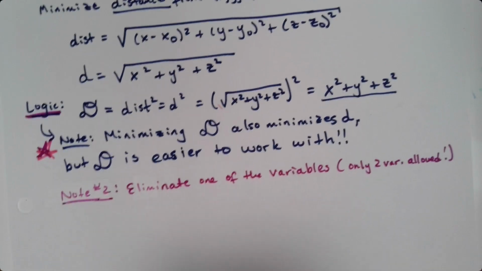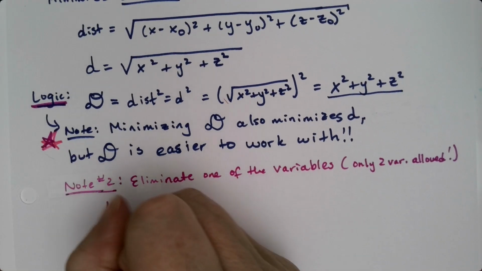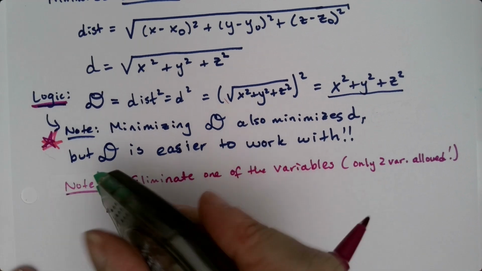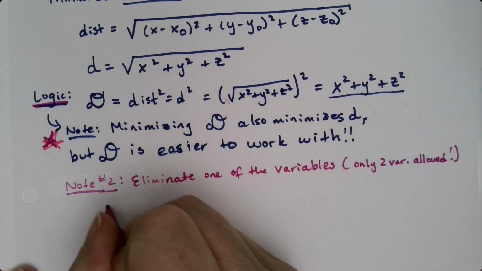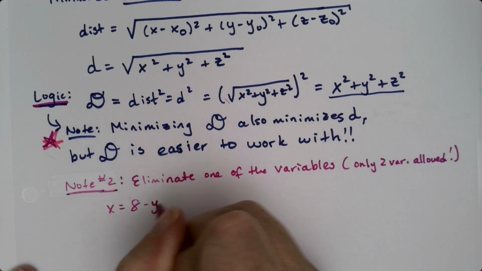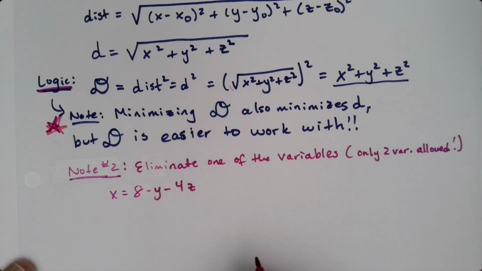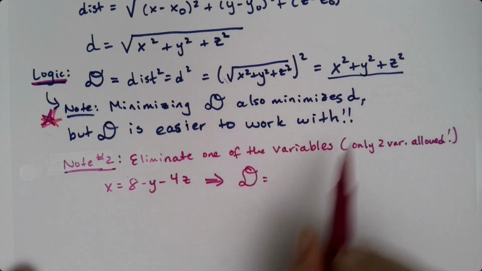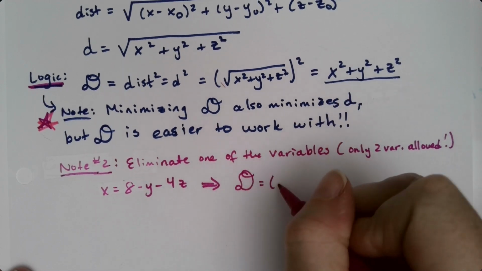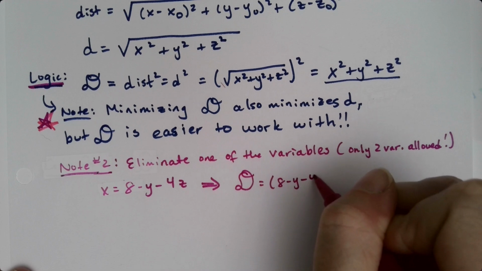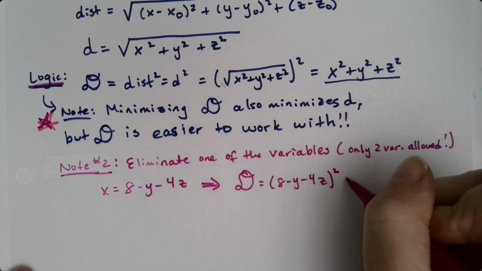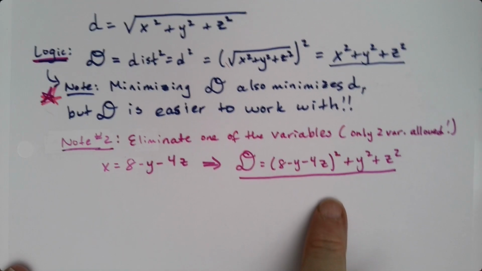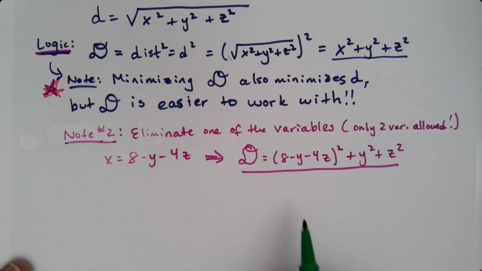So note that it's part of the same note. All right, x is equal to 8 take away y, take away 4z. So that would mean that D is, instead of x squared, it's 8 minus y minus 4z squared plus y squared plus z squared. Now I have two variables, and now I'm ready to go.